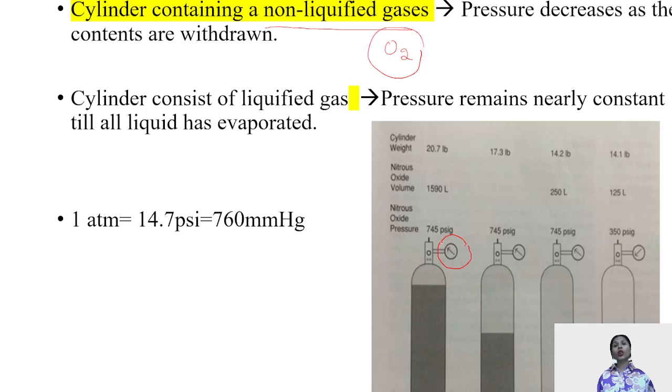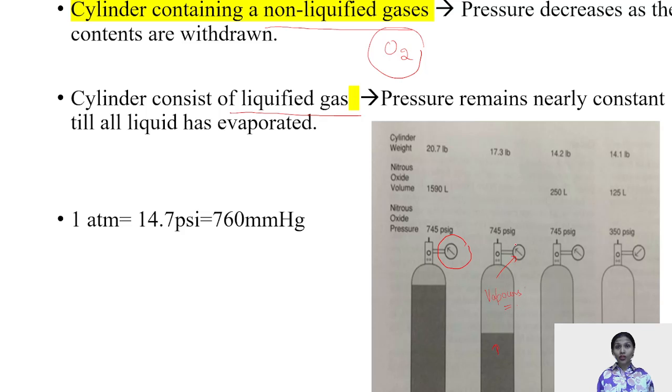But such is not the case when we talk about liquefied gases. Every liquid has the tendency to evaporate and form vapors. When vapors are formed, a vapor pressure is generated, and this is the vapor pressure which can be seen on these pressure gauges.